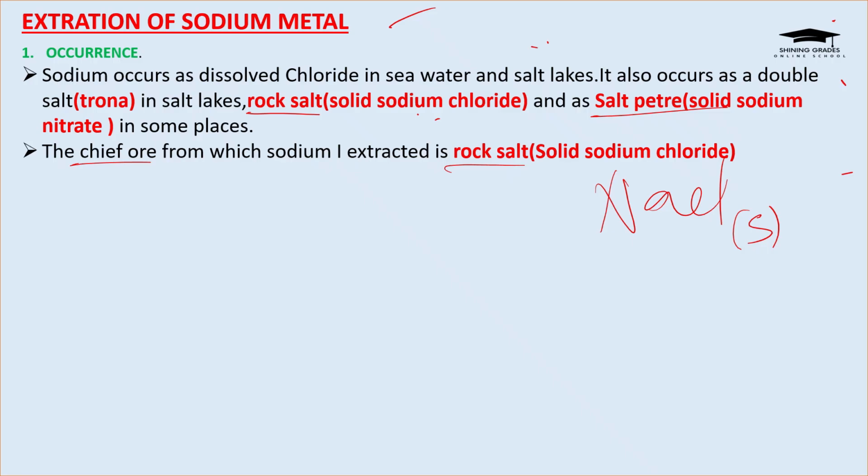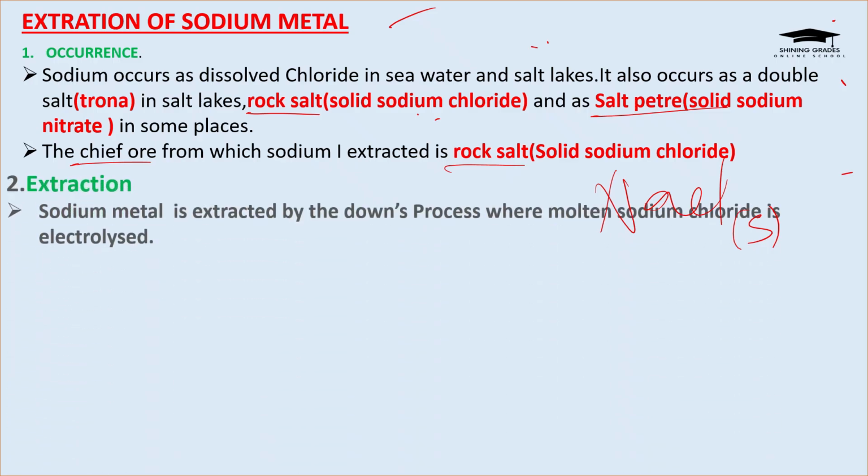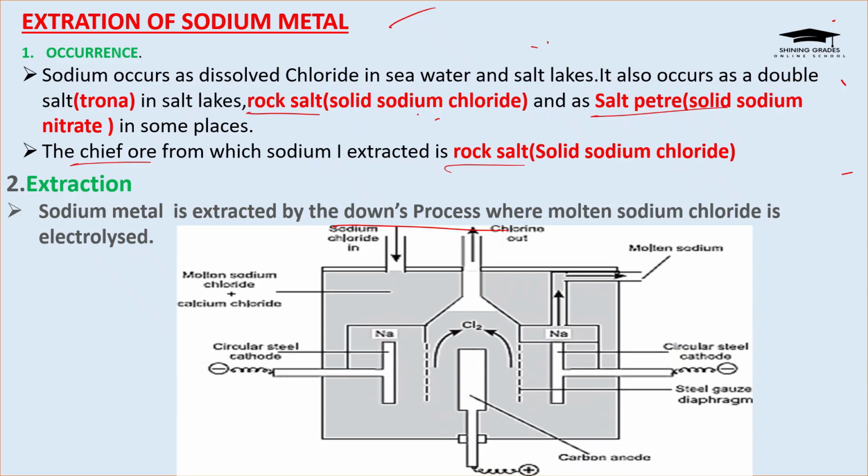Let's now look at the process of extraction of sodium metal. Sodium metal is extracted by the Downs process. Why the Downs process? It involves use of the Downs cell. This particular cell and process was named after a scientist known as James Cloud Downs.